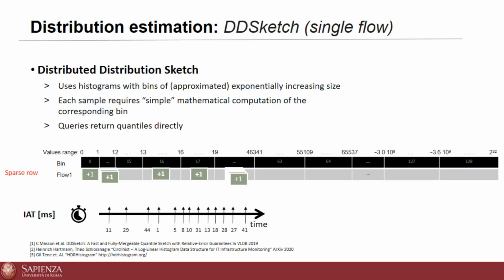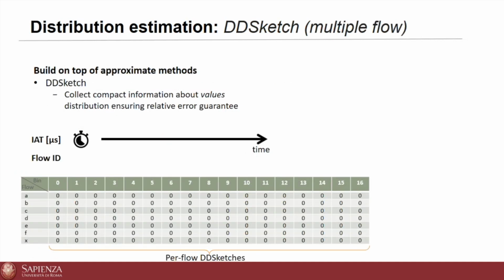In our case, we monitor the distribution of the inter-arrival times of network flows. So we have a DD sketch for each network flow. When having multiple flows, we just have an array of DD sketches.